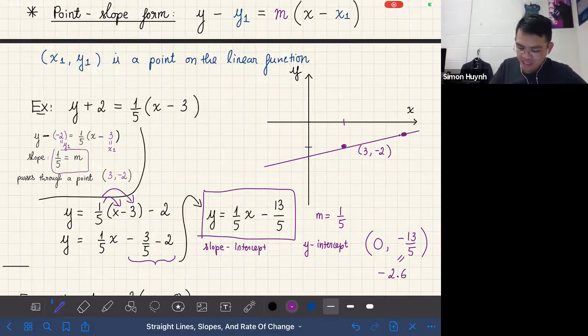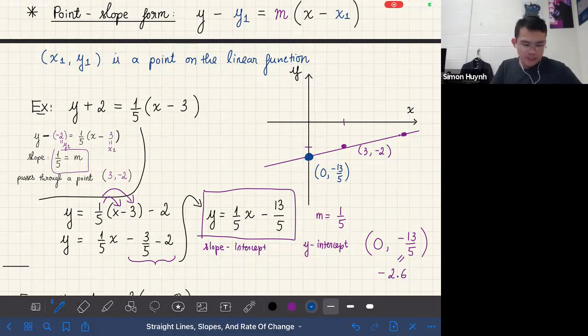And so we see that indeed the y-intercept, the location in which the function touches the y-axis right here, is indeed the point 0, negative 13 over 5. So everything is related. And it's a good practice to go from the point slope form to the slope intercept form.